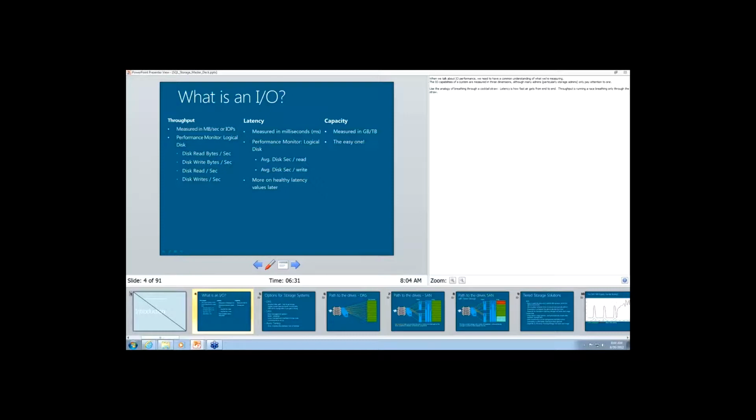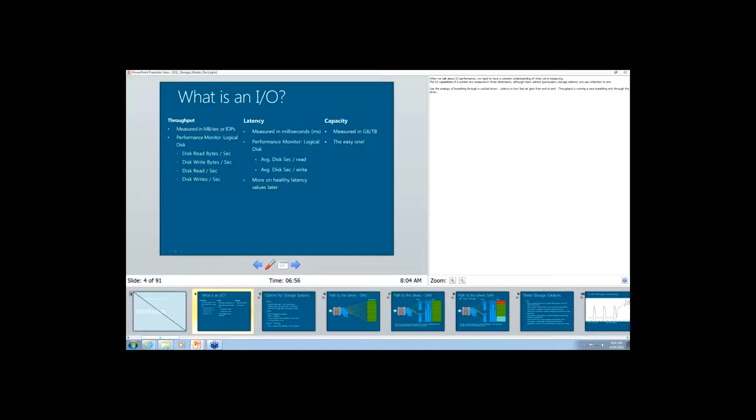Drilling in a little bit deeper, throughput is how fast can you get bytes from the storage media to the processor. And that's measured in either megabytes per second or in IOs per second. So what's the distinction? Megabytes per second is just raw throughput. How fast can you transfer bytes from here to there? Big fire hose.